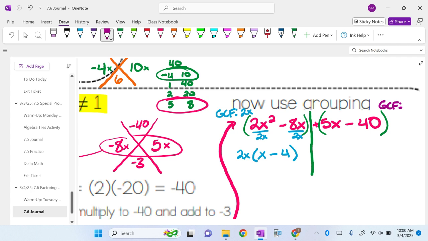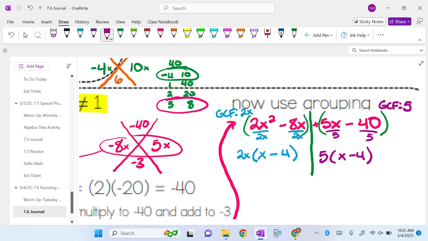Not 5x, just 5. Why is it not 5x? Because the negative 40 doesn't have an x. Right, it can't be 5x because both terms have to have an x. Since it doesn't, it's just 5. So I divide both terms by 5. I get 5 times x minus 4.